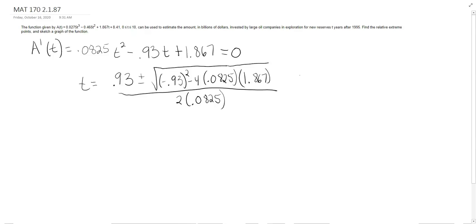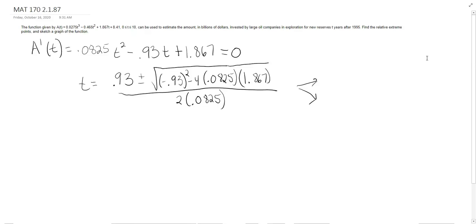To avoid too much rounding, we can put this all into our calculator at once. First we'll do the plus, and then we'll do the minus. First 0.93 plus the square root, over 2 times 0.0825, and then 0.93 minus the square root, divided by 2 times 0.0825.